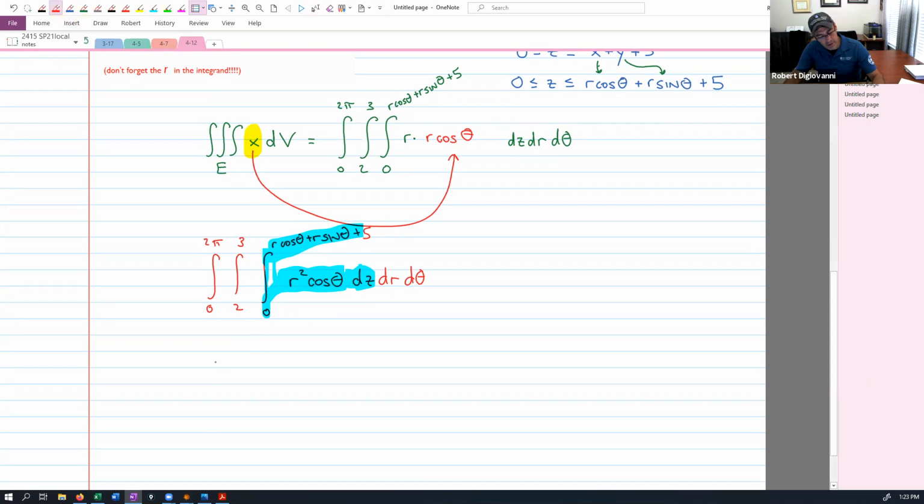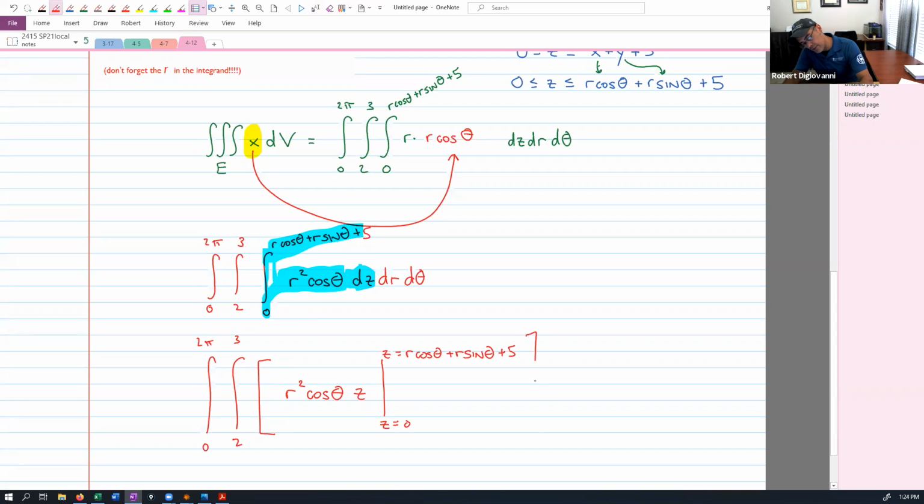So the antiderivative of that will just be itself, right, times z. And then evaluating that at z equals 0 to z equals, yes, this ugly thing, r cosine theta plus r sine theta plus 5. That's just the inner integral. Then we go dr d theta.